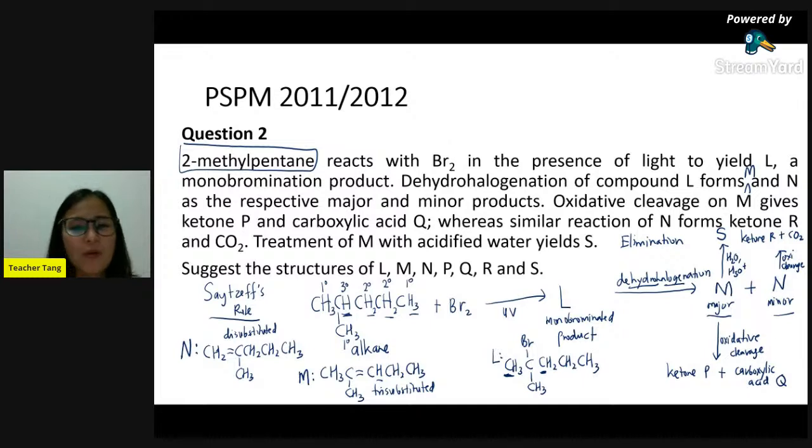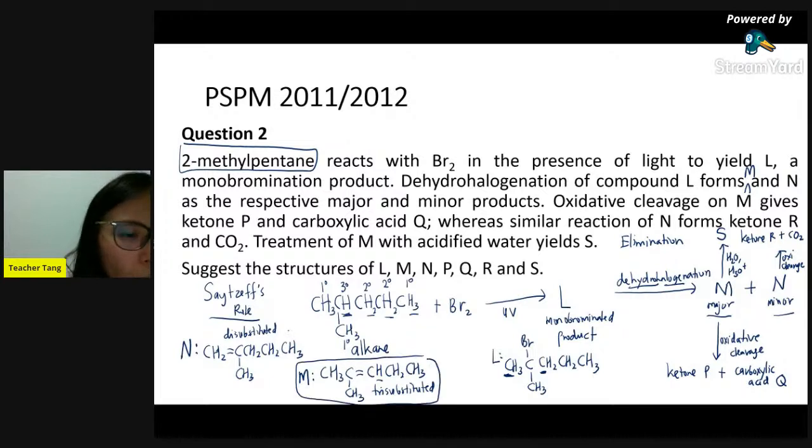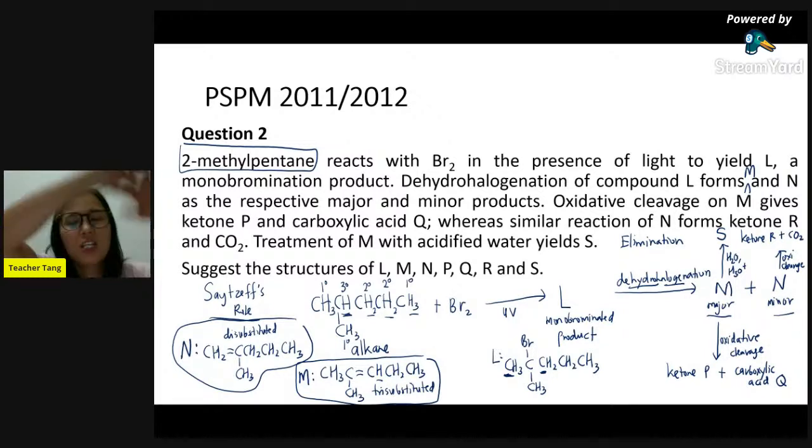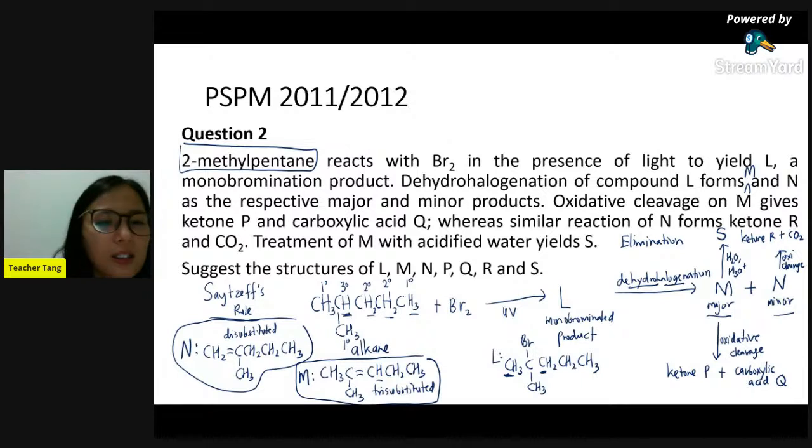Then remember, now we get alkenes. We don't see it as 2-methyl-1-pentene or 2-methyl-2-pentene. No, we look at it in general.